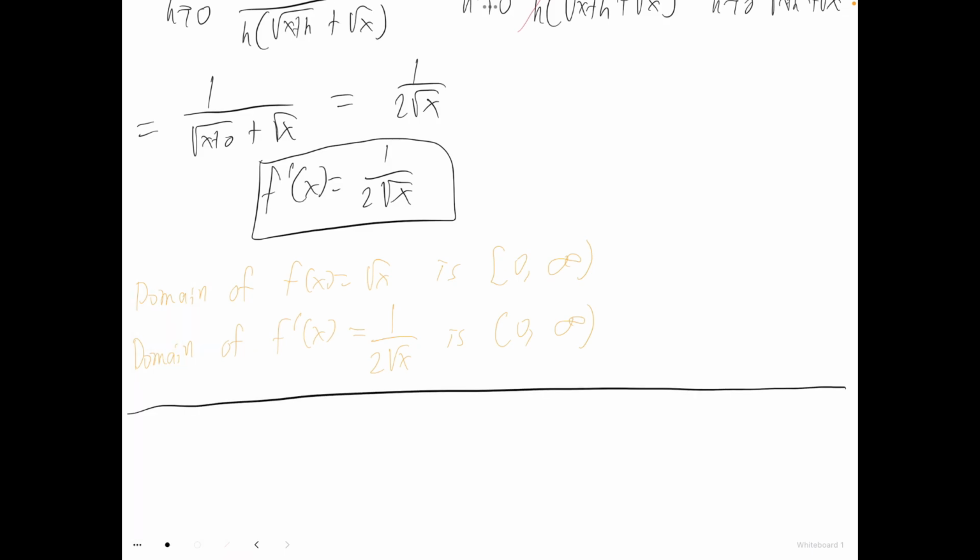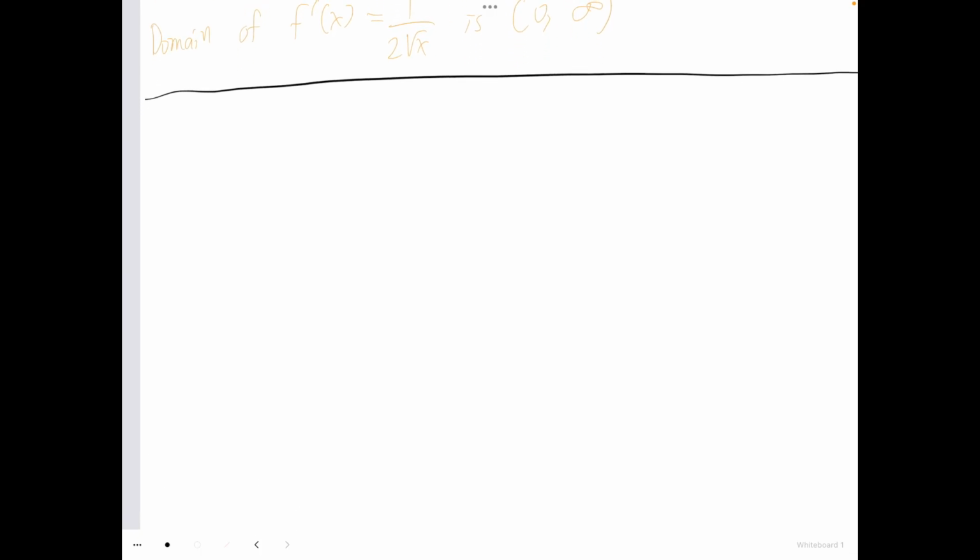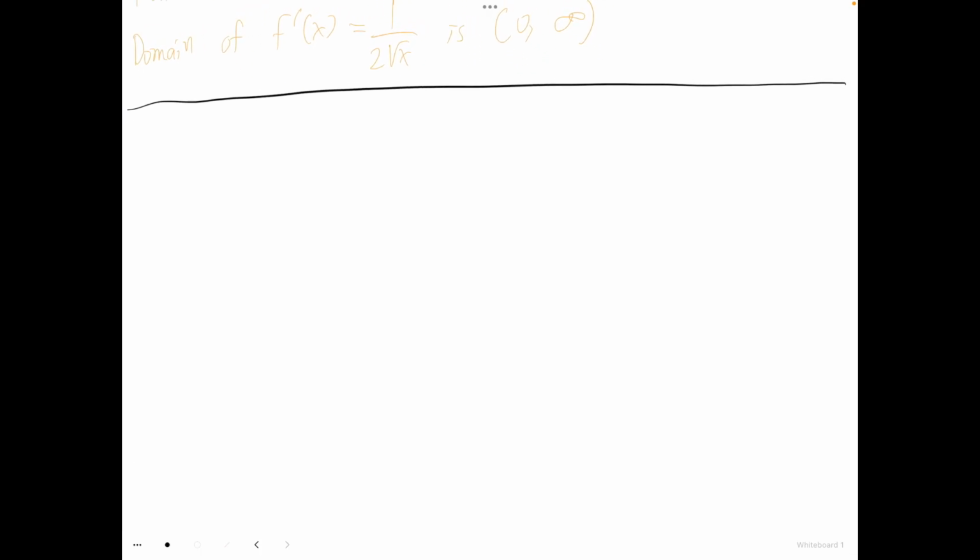Now there are a few different notations for the derivative. Just so you're aware of common notations, if y equals f of x, the following are common notations for the derivative.